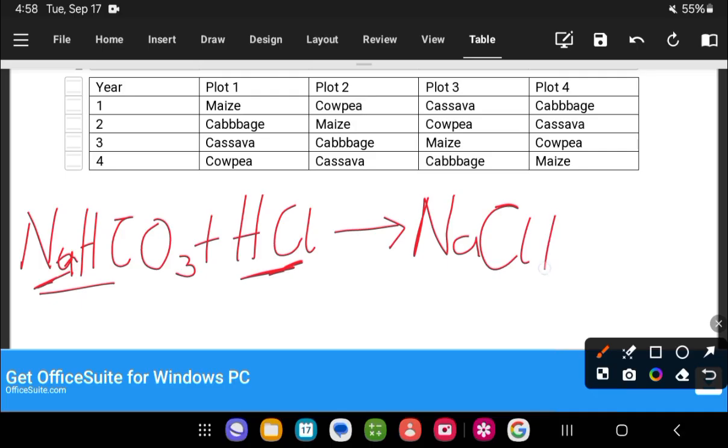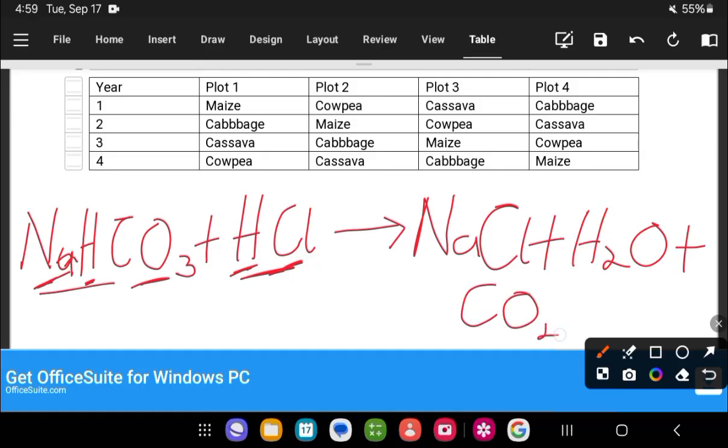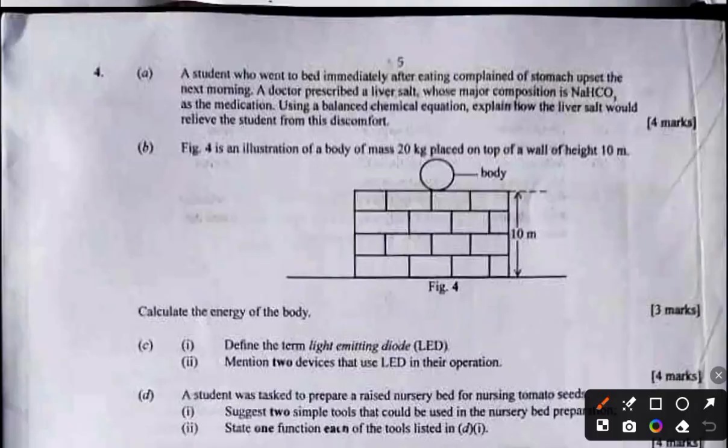So NaCl plus, you have H here, you have another H here, you have CO3 here. You're going to have water plus carbon dioxide, CO2. So this is a balanced equation, and this is what that question was expecting from the students.